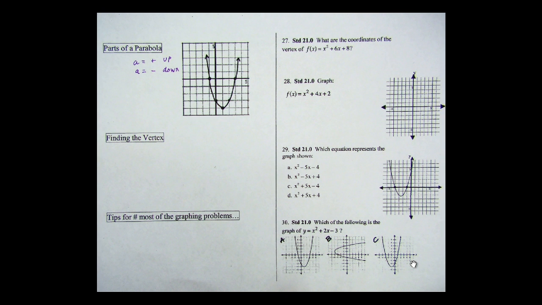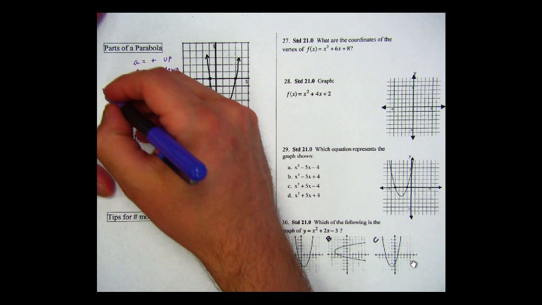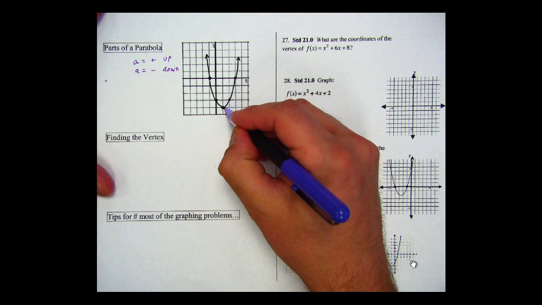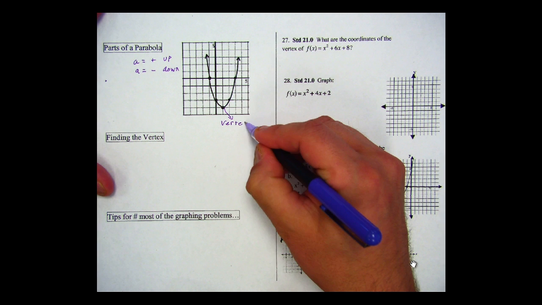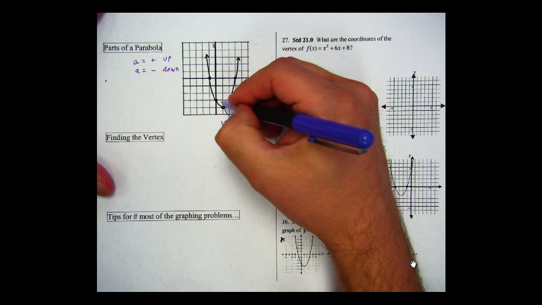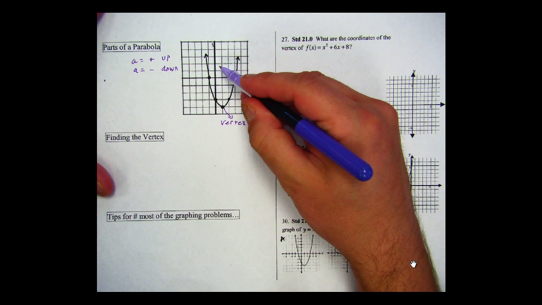If you have a graph that goes up and your A is negative for one of the choices, you can cross it out. Second thing is the vertex. The vertex is where the line changes from going downwards to going upwards, or if it's upside down, it goes up and then down.